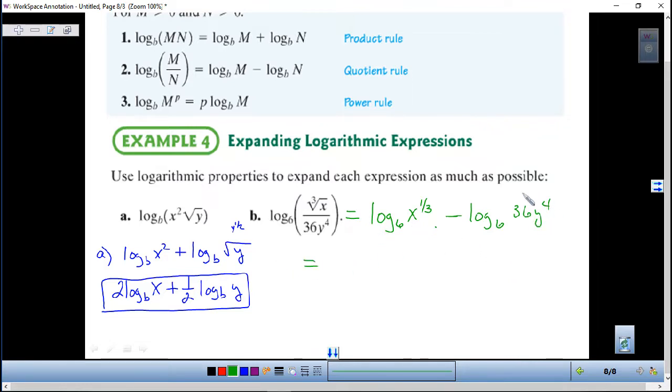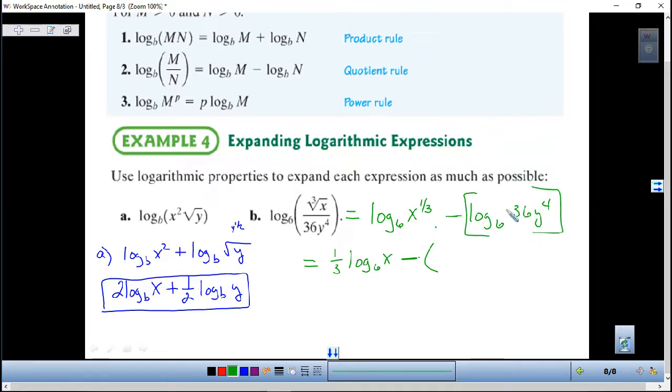All right, so we still have a product right here, so we're going to have to deal with that as well. And we also have a power here. We can go ahead and deal with it and be done with that first one. And minus, and I'm going to put parentheses because we're subtracting this thing.